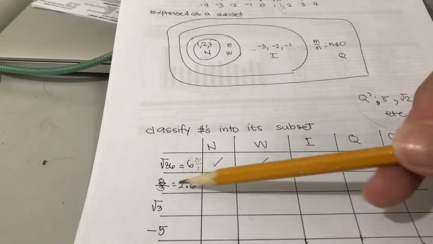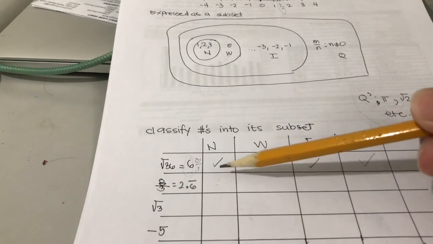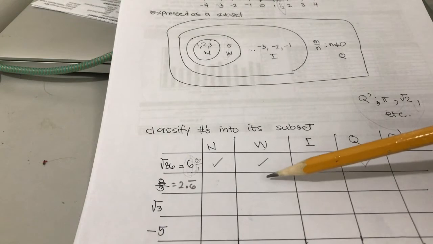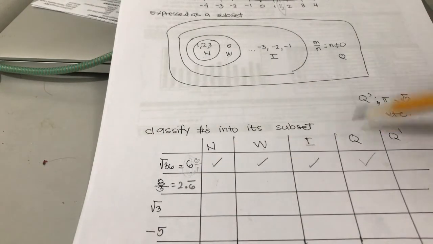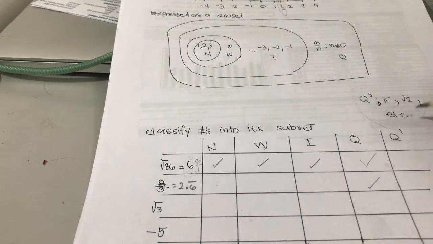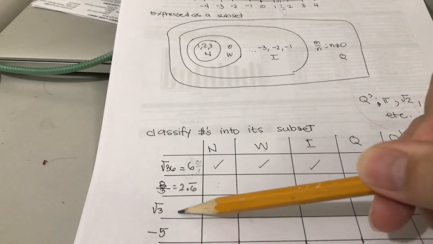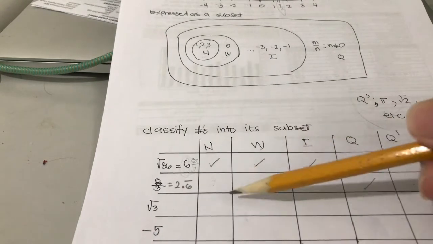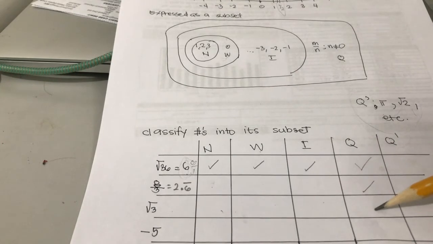How about 2.6 or 8 divided by 3? Natural number? No, because natural numbers are not expressed as fractions. Neither whole numbers nor integers. But how about rational numbers? Yes, it is, but it could never be an irrational number. How about the square root of 3? Since the square root of 3 is not a perfect square, it could never be a natural, whole, integer, or rational number.